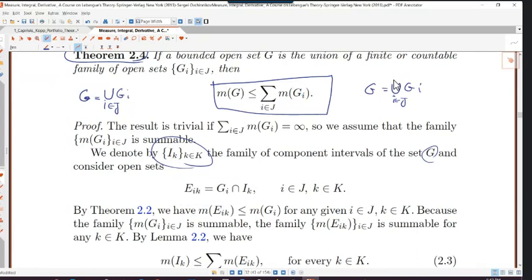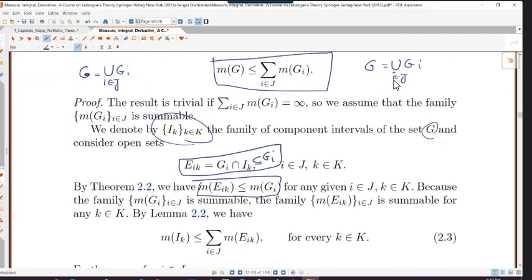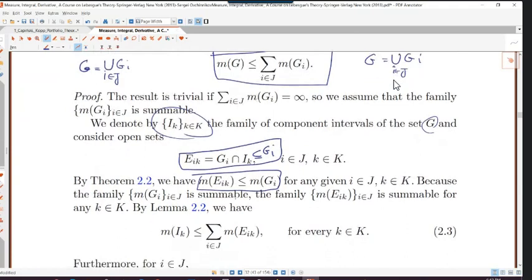Trivially, this intersection Eik is a subset of Gi, so the measure of Eik is less than or equal to the measure of Gi by the monotonicity of the measure.